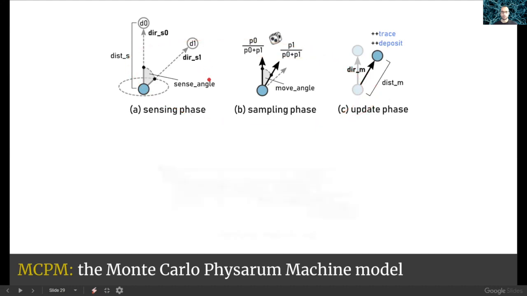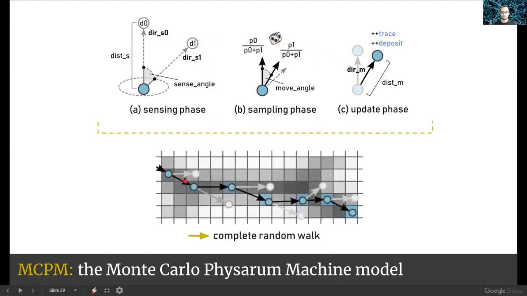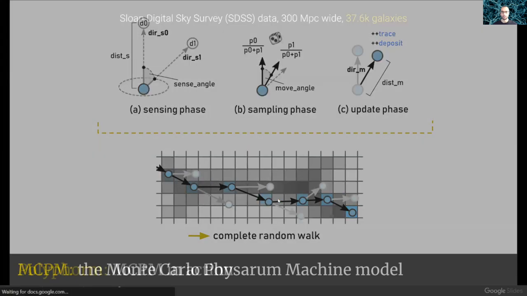Chaining these three steps, they essentially perform a random walk through the domain, and they're trying to follow a signal emitted by the galaxies. So pretty much the same way as slime mold searches for food, the agents of our simulation search for the signal of galaxies and therefore interconnect them.